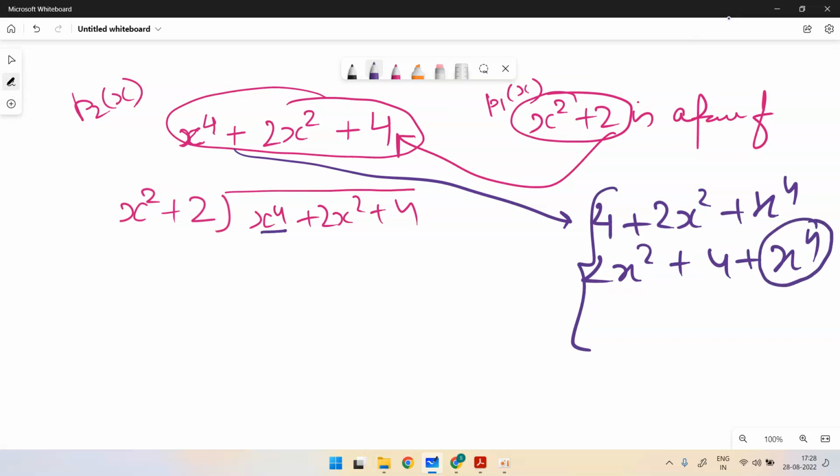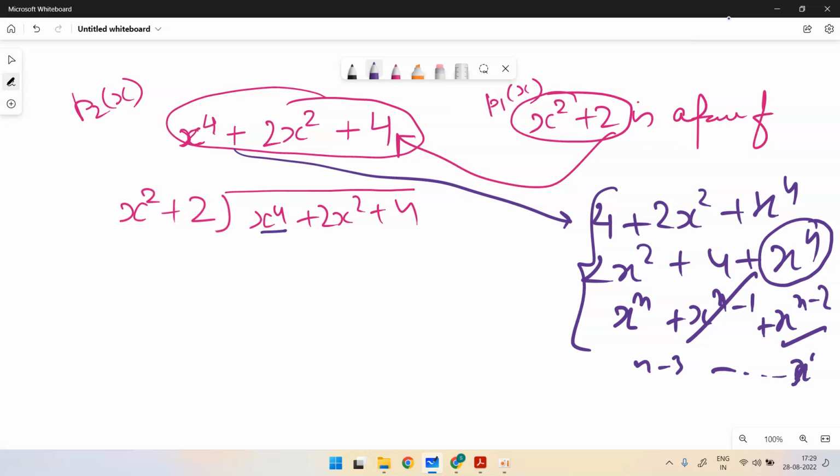The powers should be written in descending order. If this is x power n, then next should be x power n minus 1, then x power n minus 2. If a term is not given, you can switch to n minus 2, then n minus 3, and so on to x power 0. I'm going to have it written in decreasing order.